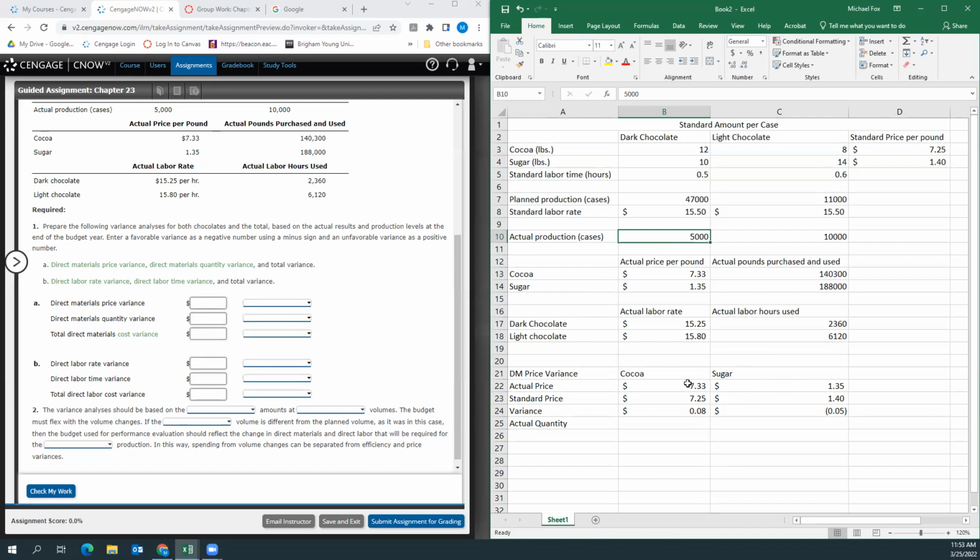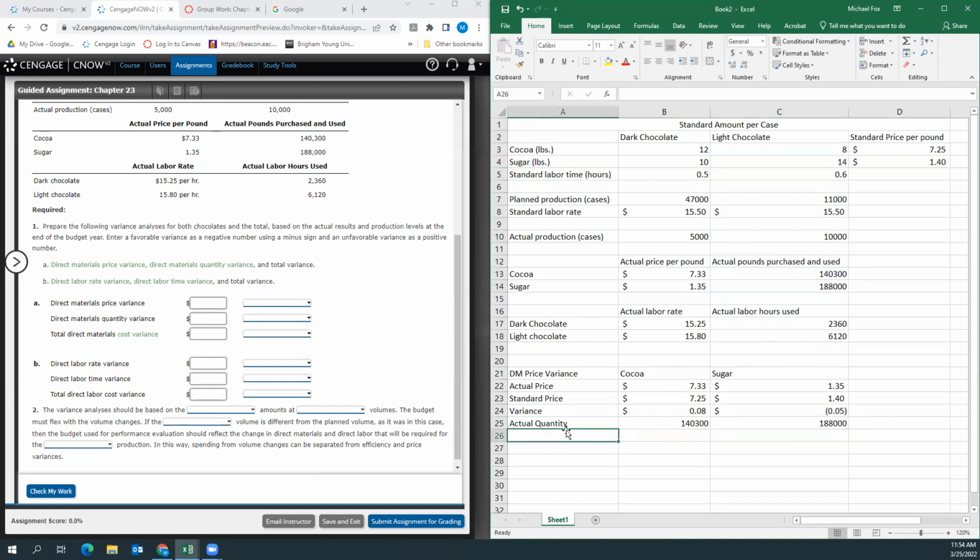So this is a little confusing. Let me think about that for a second. Actually, it's given to us right here. So the actual pounds purchased and used of cocoa and of sugar. So my actual quantity of cocoa is going to be right here. And my actual quantity of sugar is going to be right here.